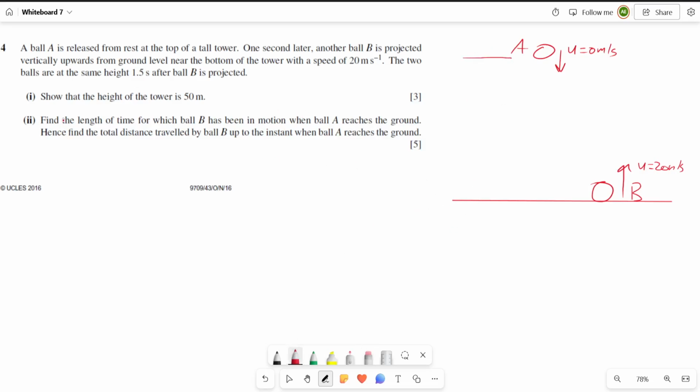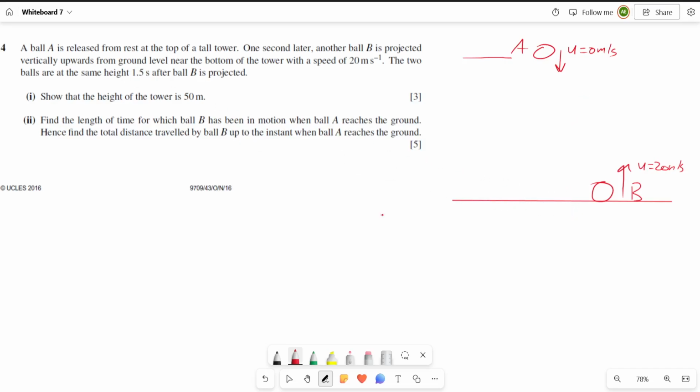So, show that the height of the tower is 50 meters, and it told us that the two balls are at the same height 1.5 seconds after ball B is projected. So let's see, 1.5 seconds after ball B is projected, how much did B move? But first, I need to know: did B move up, reach its maximum and then start moving down during the 1.5 second period, or what happened?